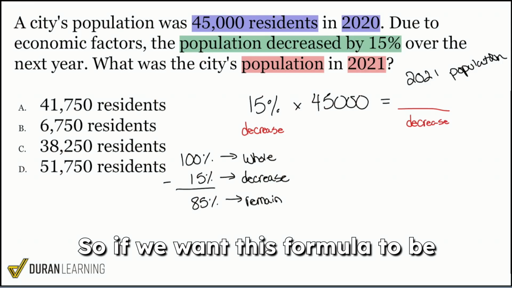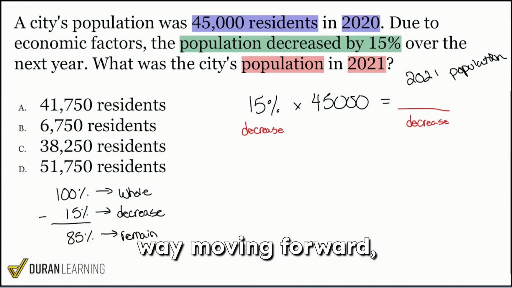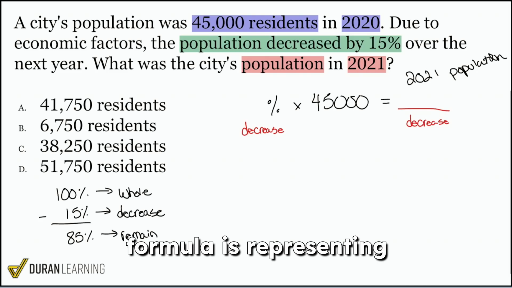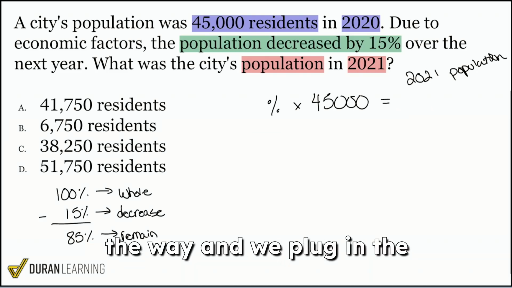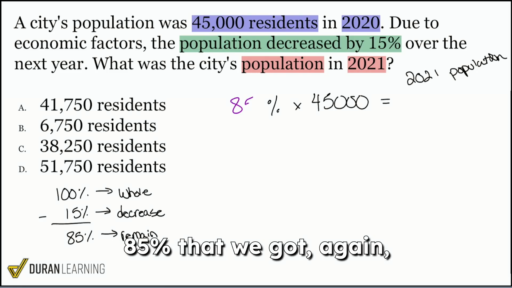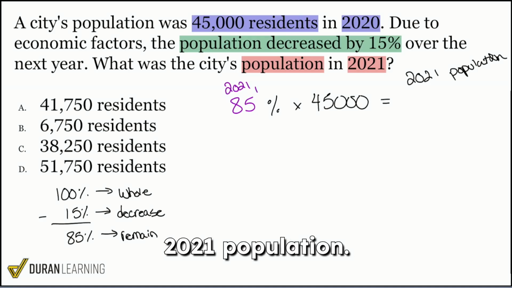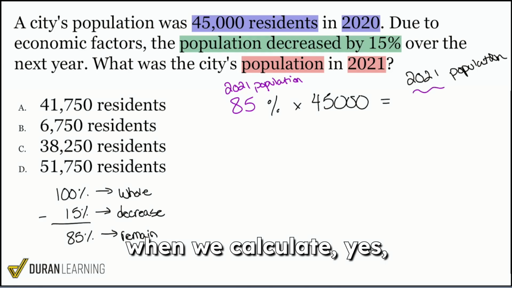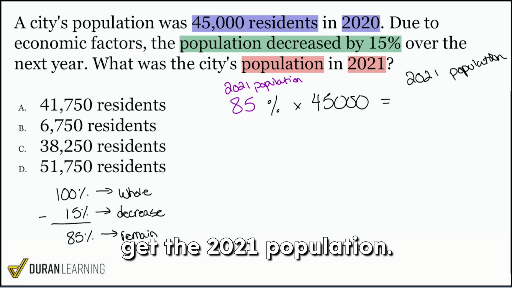So if we want this formula to be consistent, which is the easiest way moving forward, we can make sure that our formula is representing the same ideas. So if we take all of this out of the way and we plug in the 85% that we got, again, this would be the 2021 population, then when we calculate, it'll be consistent and we'll get the 2021 population.